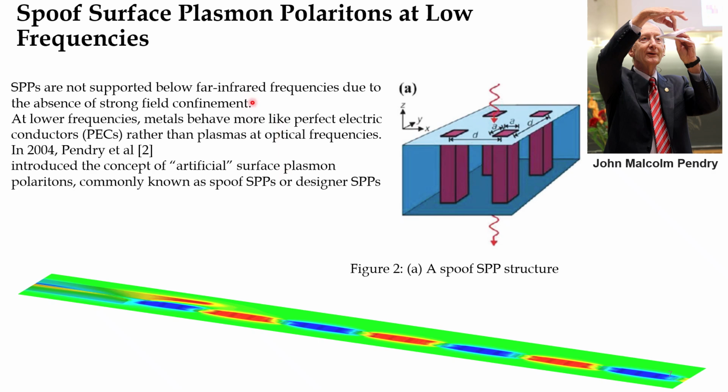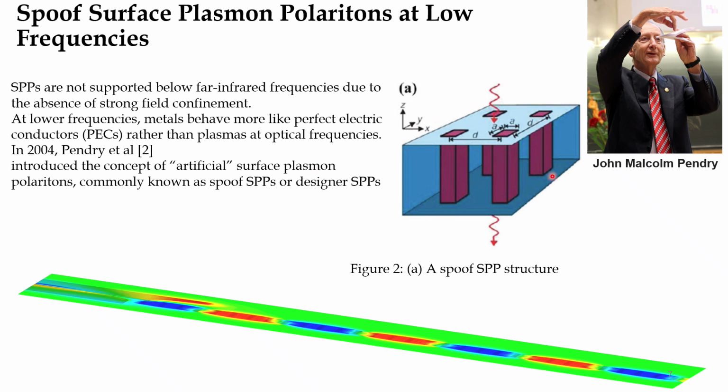To bring surface plasmon polaritons to lower frequencies, they introduced artificial surface plasmon polaritons, which we can call spoof surface plasmon polaritons, or textured surface plasmon polaritons. At lower frequencies, metals behave like perfect electric conductors, unlike at optical frequencies.